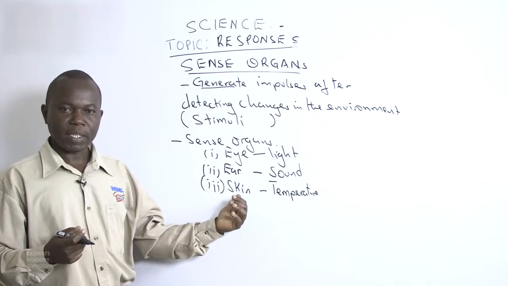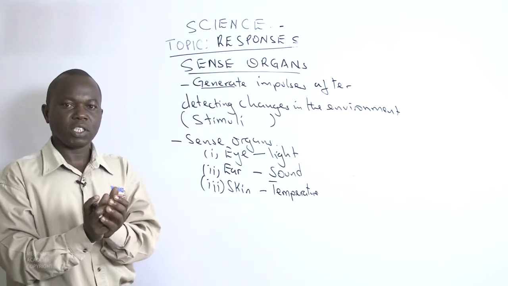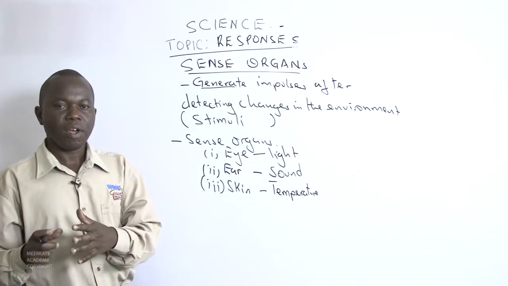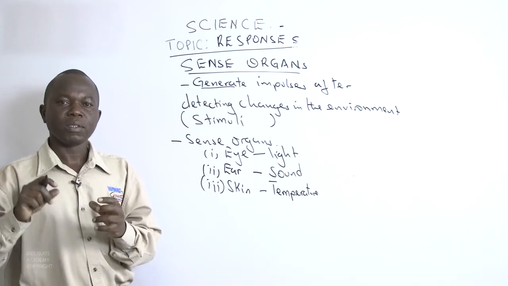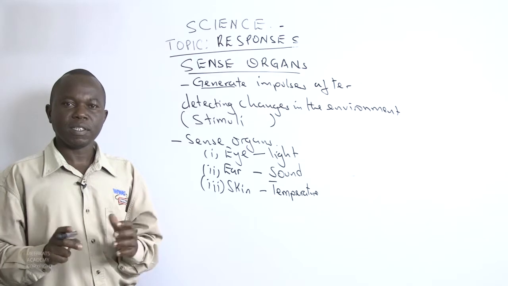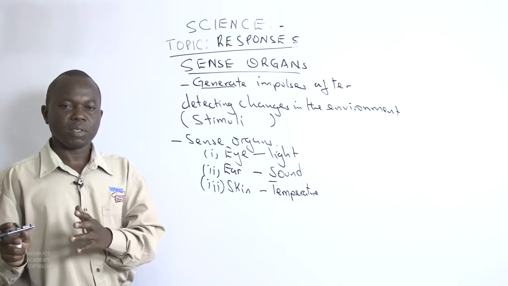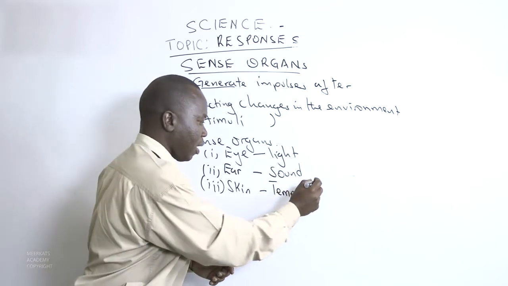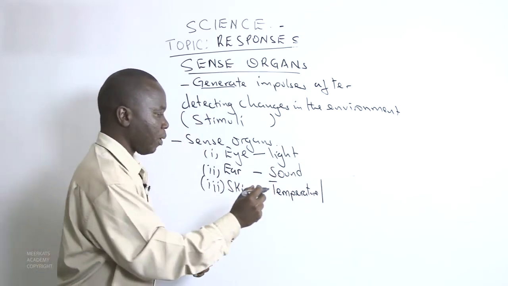It is the skin that has detected the change in temperature and generated a nerve impulse which was sent to the central nervous system. In the central nervous system, there was a motor response or a motor impulse. Another stimulus will be pressure.